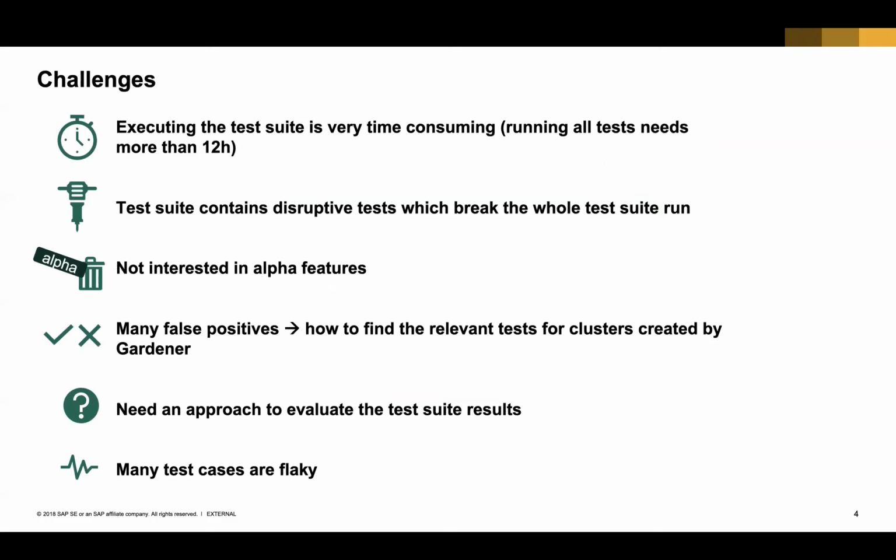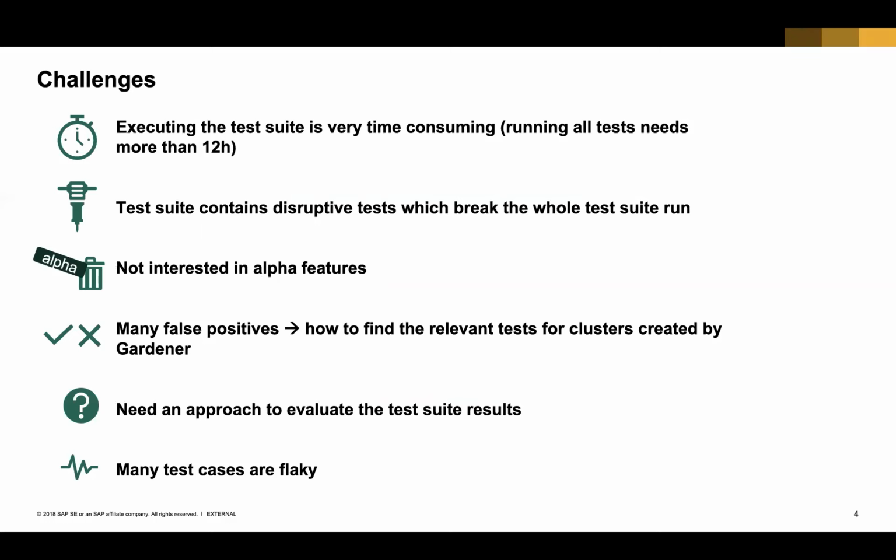And the challenges that we faced are these. First of all, running the test suite is really time consuming. It needs several hours. If you run the whole suite, you probably need the whole day. And the test suite also contains disruptive tests, which break the whole test suite run. And then you have no test results at all, or maybe only a few, and need to start from the beginning.